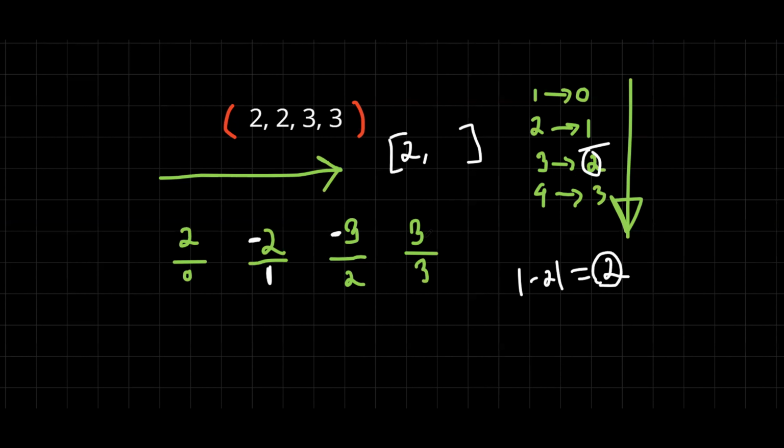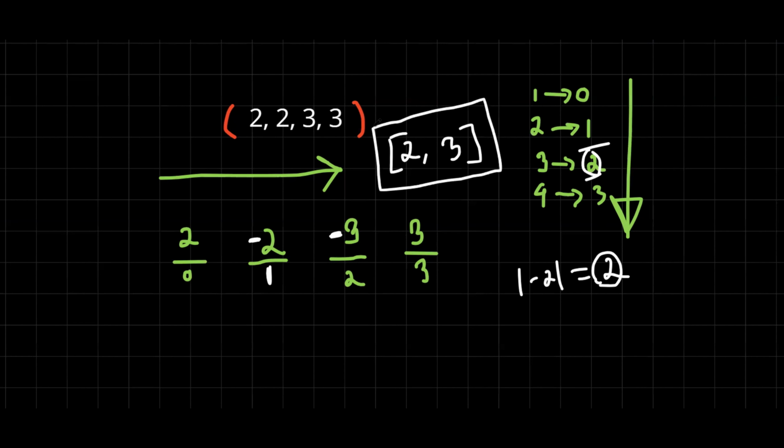Now for this element 3, we have to check whether the index number of 3 is visited or not. Here we can see that the index number is 2 and it is visited because it has a negative sign. So we have to add the element 3 into the resultant array. And finally, we have to return this list as the answer.